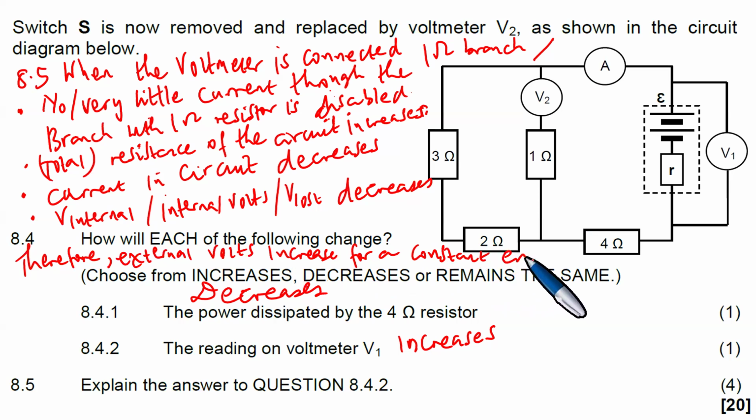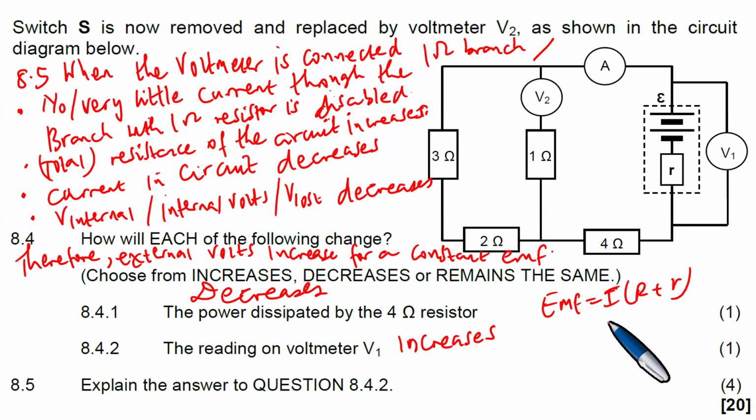So we expect the EMF to be constant. So the fact that we are changing everything here, and this needs to balance, because EMF is I times R plus r. Like we saw in the previous question, EMF must remain the same. But the question is, if we change these components here, will it change the EMF?